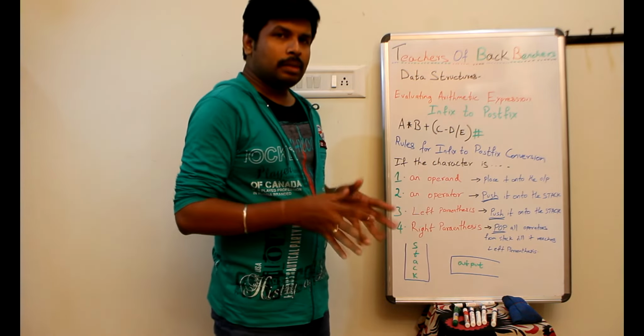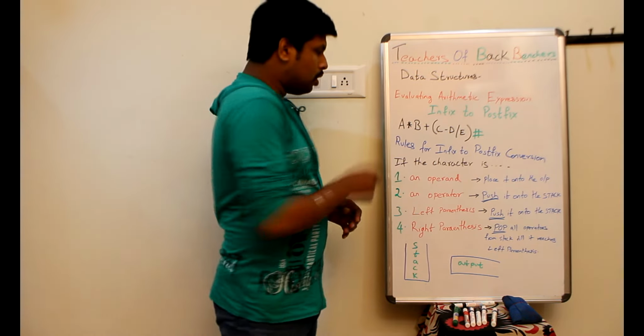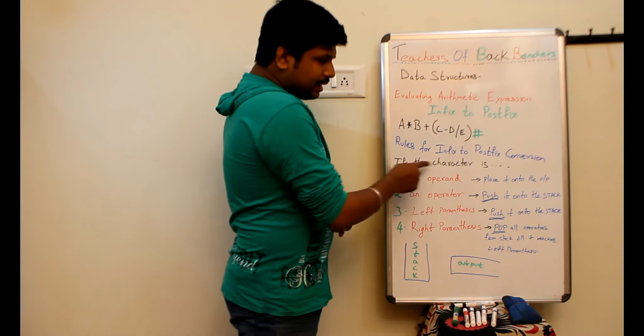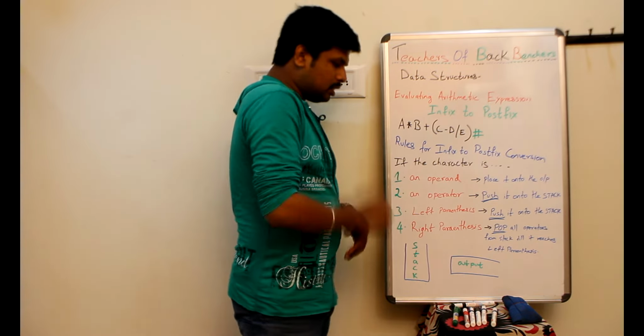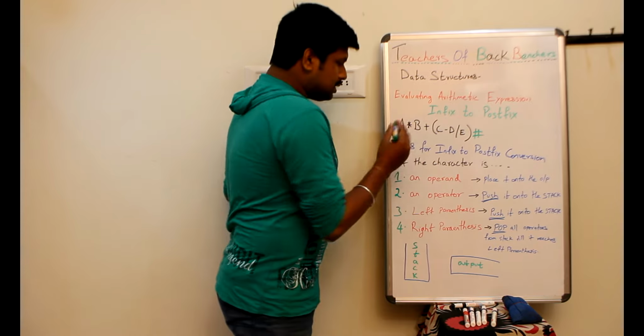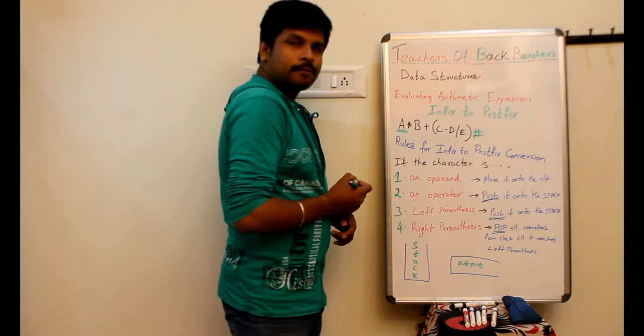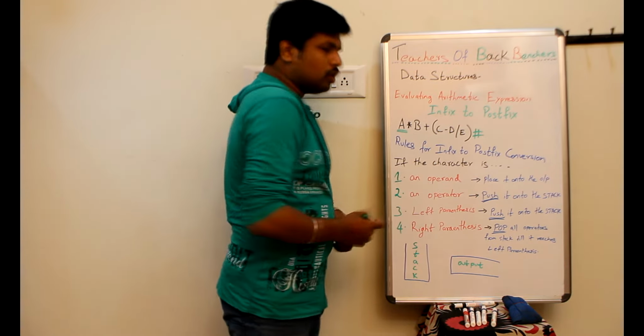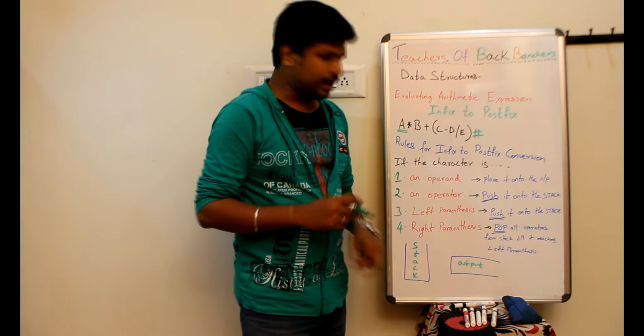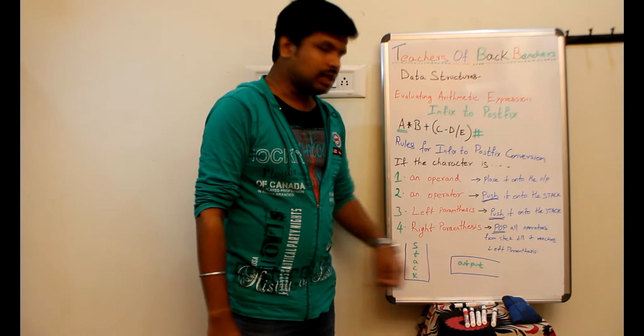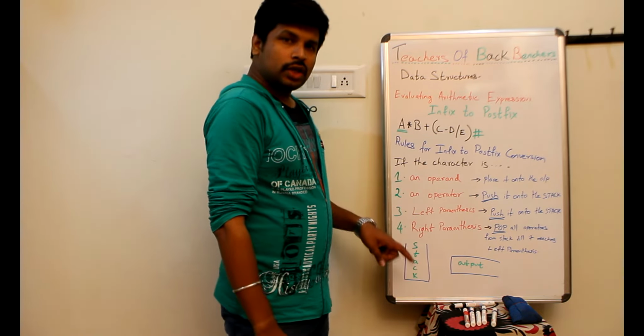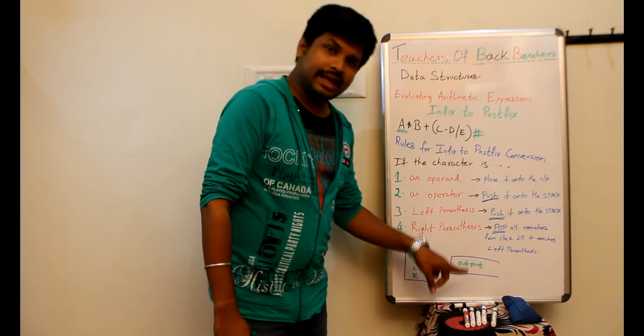Now the basic rules. Rule number one, operands. We scan each character, and if the character is an operand, we have two places: one is the stack, another is the output. We are using the stack in order to generate the output.